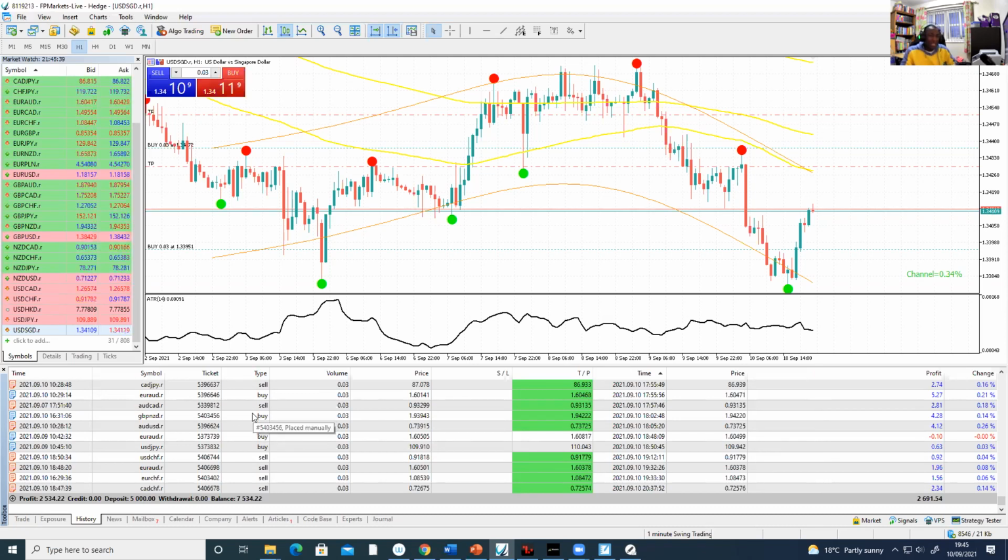I use exactly the same proportion, so on a 100K account my lots were like 0.25, and of course you're going to make a lot more money. But because this is only a 5K account, now I'm only doing 0.03 lots.